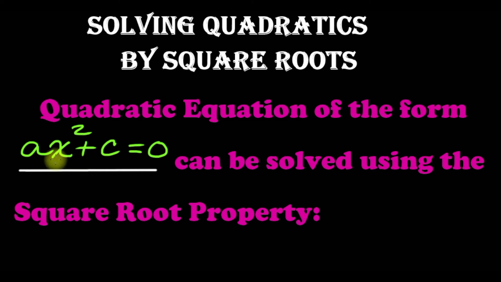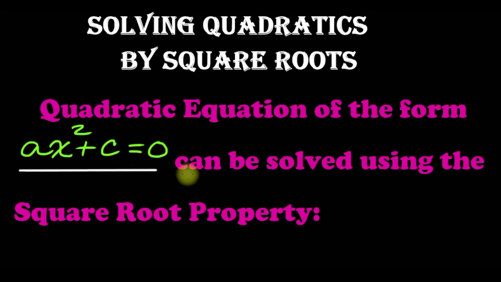So you have the x squared term, and you have a constant. Anytime you have a case like this, you can solve it by taking square root. Now if it has a bx term, then you have to use another way to solve it, and we're going to get into that as this lesson goes on. But right now we're just going to focus on this type of quadratic equation.